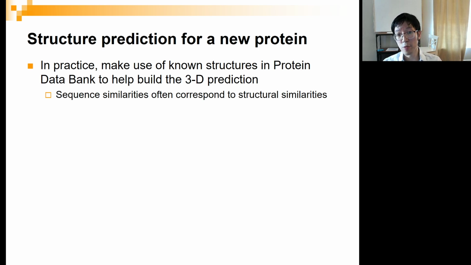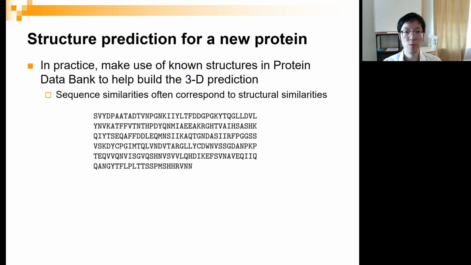Key to being able to do this is, again, a general principle that similarities in sequence often correspond to structural similarities as well. To take an example, suppose we have a sequence of amino acids that we want to build a structure prediction for.